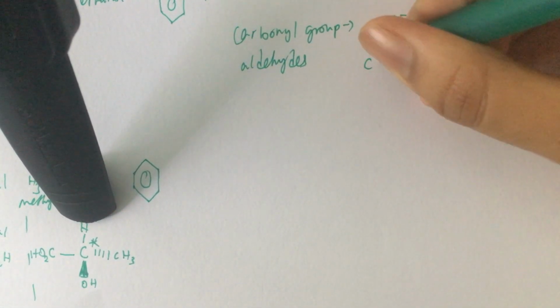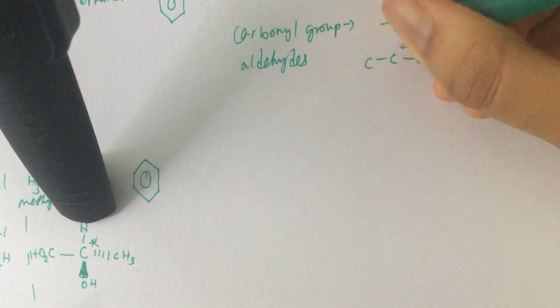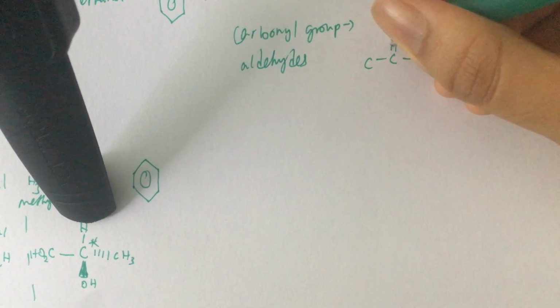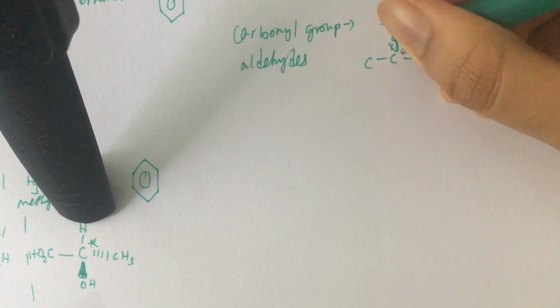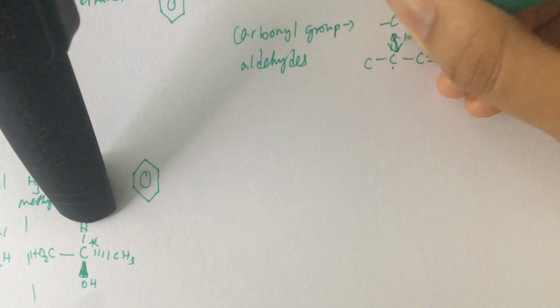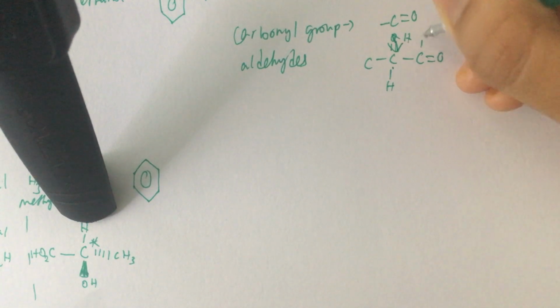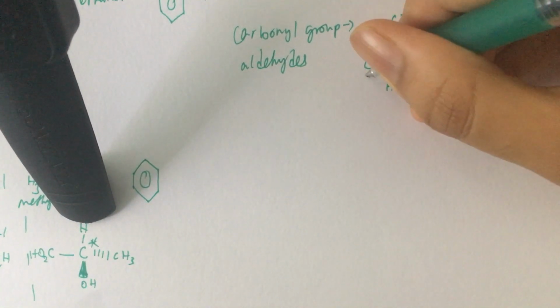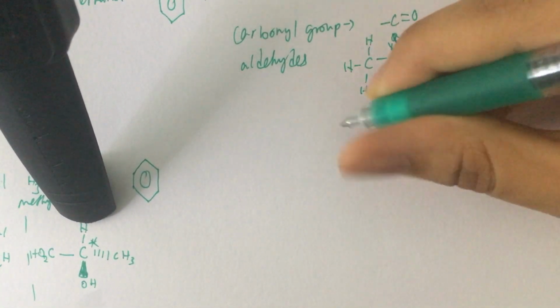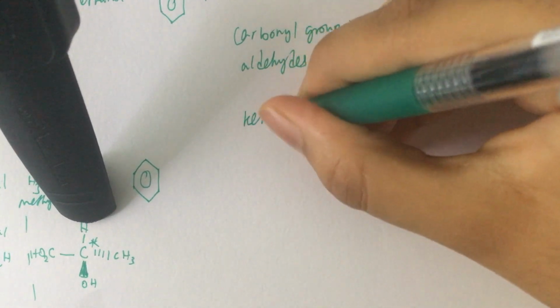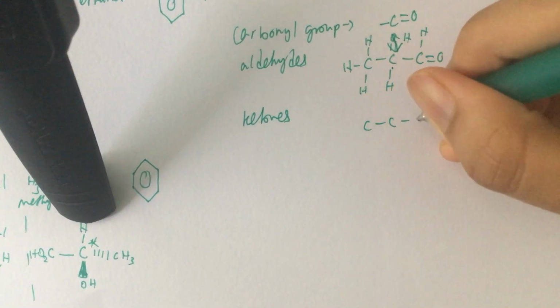The difference between the two is that in the aldehyde, the carbonyl group is at the end, versus for the ketone it is in the middle somewhere. There's a difference between how they get oxidized, and we'll find out more about it in their actual topic. I'm not going to talk about it right now. You have to wait for that episode to come, I guess.